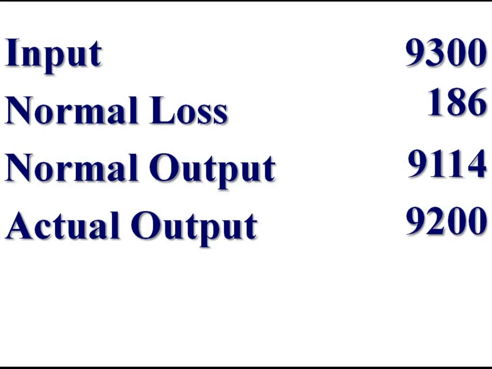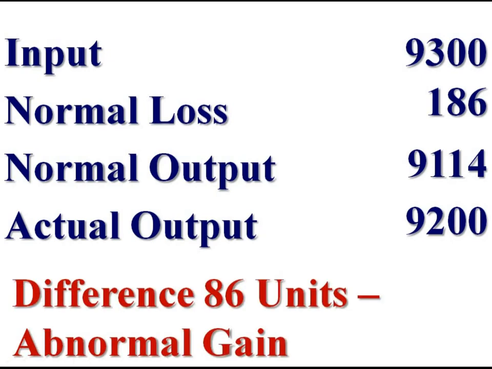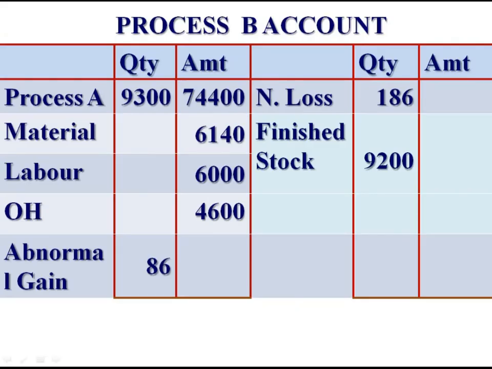Actual output is larger than normal output. That excess is abnormal gain. The difference of normal output and actual output is abnormal gain, that is 86 units. It is to be debited in the process account. Debit side, abnormal gain 86.